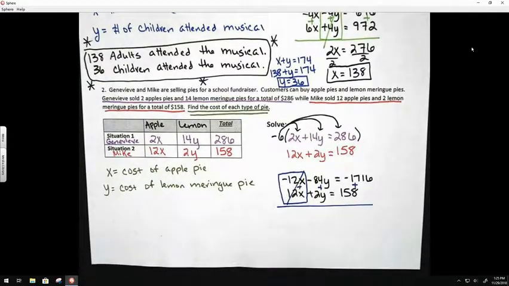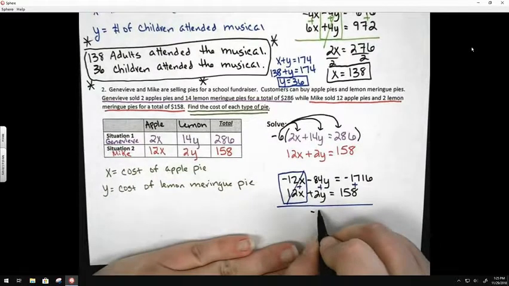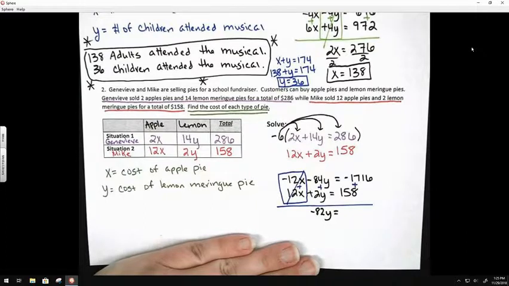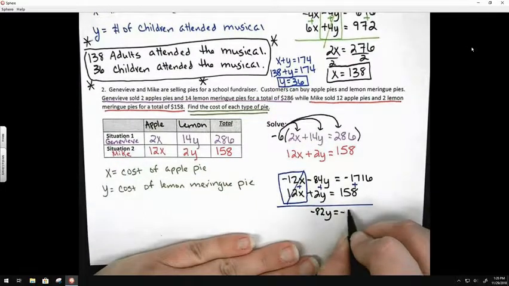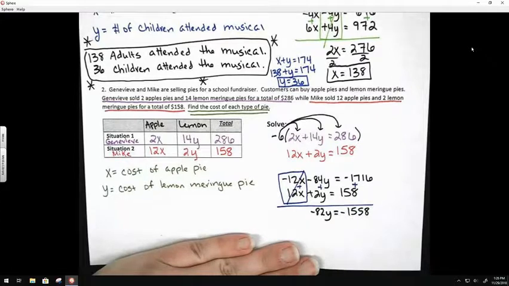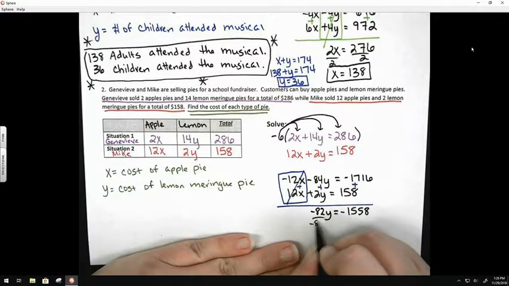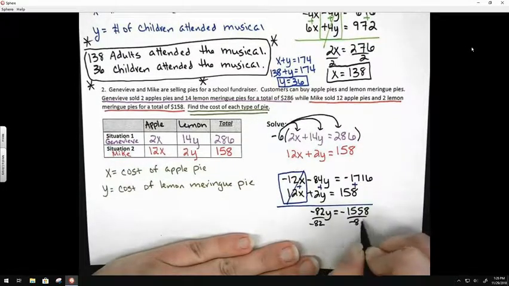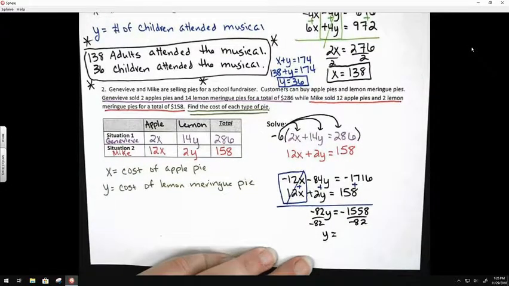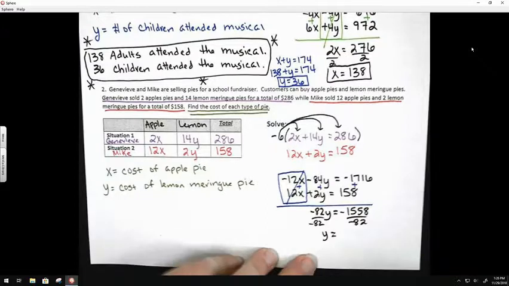Negative 84y plus 2y gives me negative 82y. And negative 1,716 plus 158 gives me negative 1,558. And then I can divide both sides by negative 82. So I get that y equals 19.